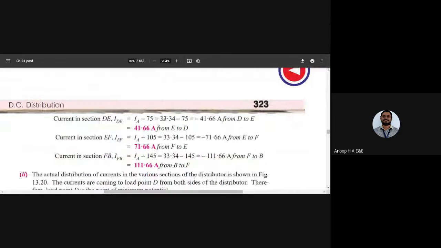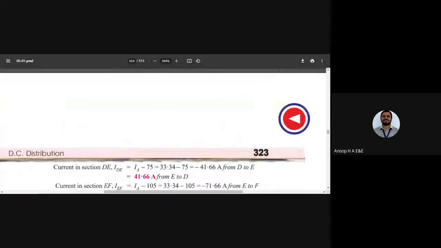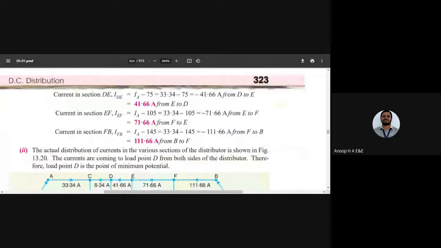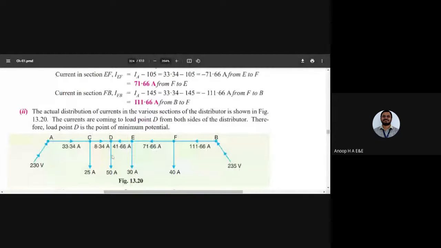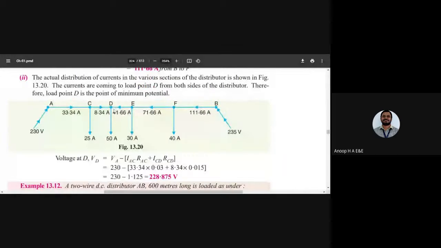Similarly, you find out the current in sections EF and FB. So what is the point of minimum potential again? The point of minimum potential is not E, it is D. Are you getting it? So if I want to find VD, that is equal to VA minus IAC into RAC plus ICD into RCD.